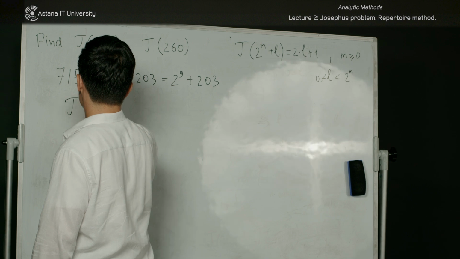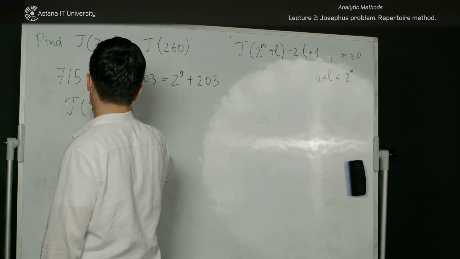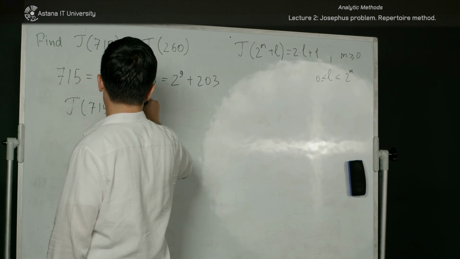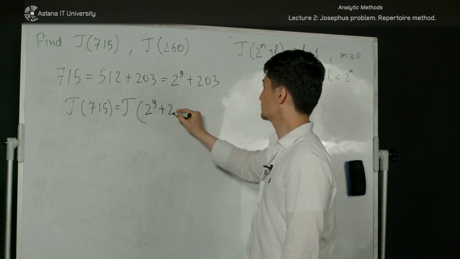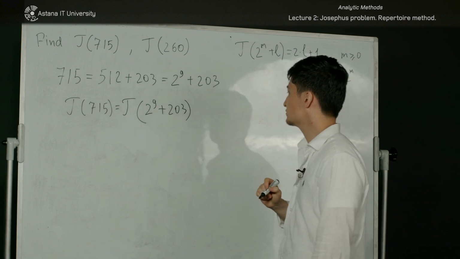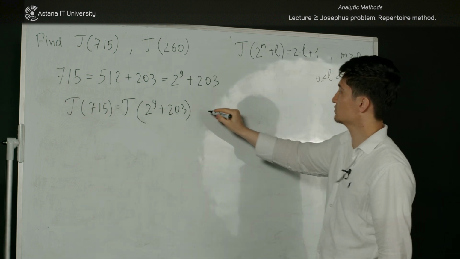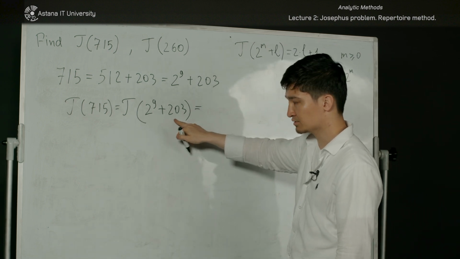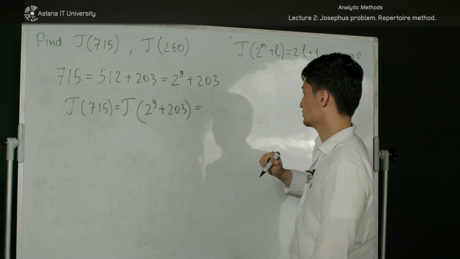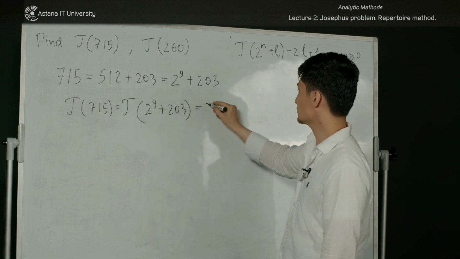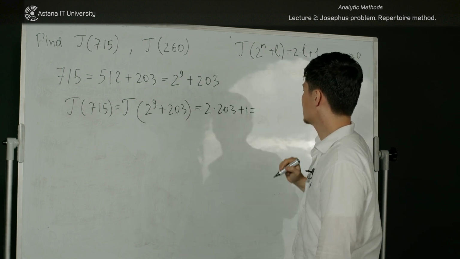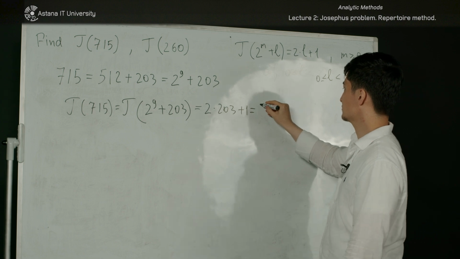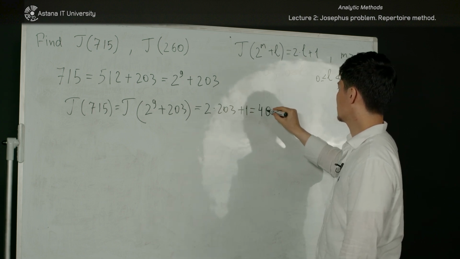So j of 715 will be equal to j of 2 to the power of 9 plus 203. And we only care about this integer value, which corresponds to l. So we're going to write 2 times 203 plus 1, which is going to give us 407.